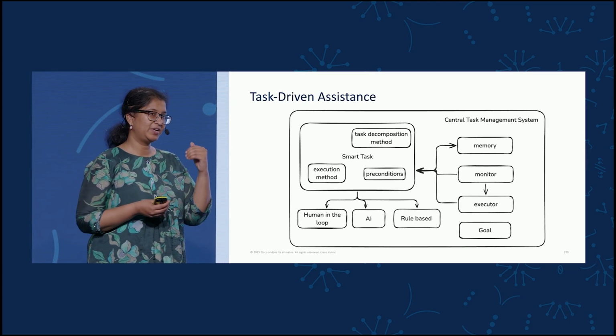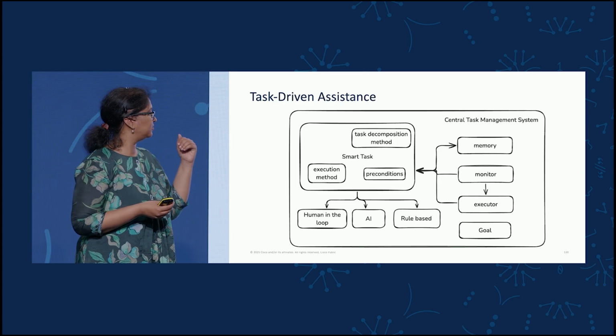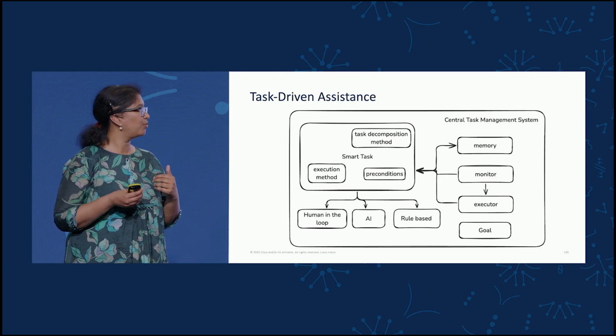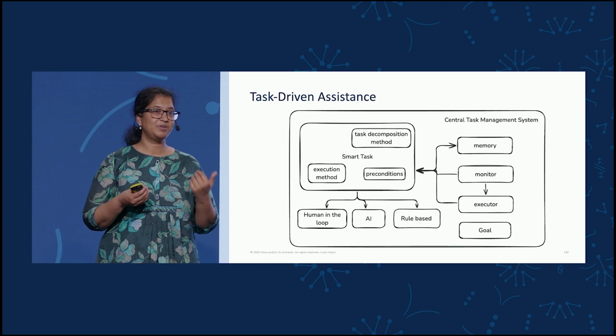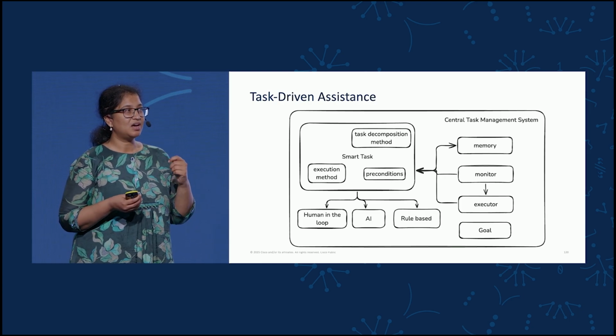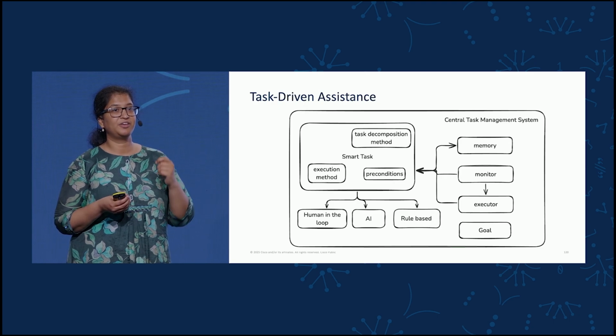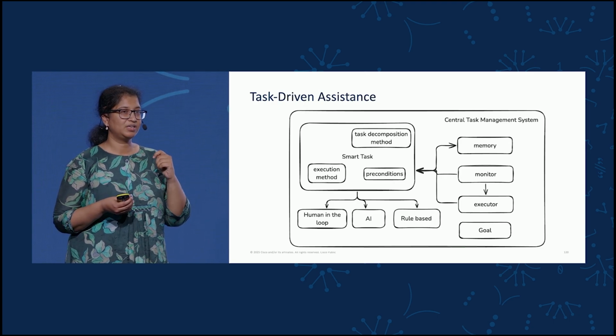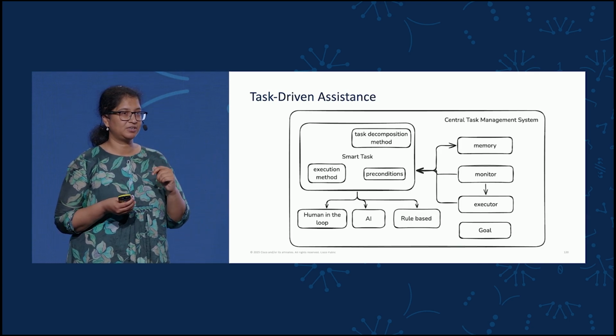Once the preconditions are met, it goes into the second component, which is the execution method. Here, we provide support for hybrid execution. What do I mean by that? This task can be executed by a human, that is, a user can execute this task, or it could be an LLM call, or it could be a regular procedure call.